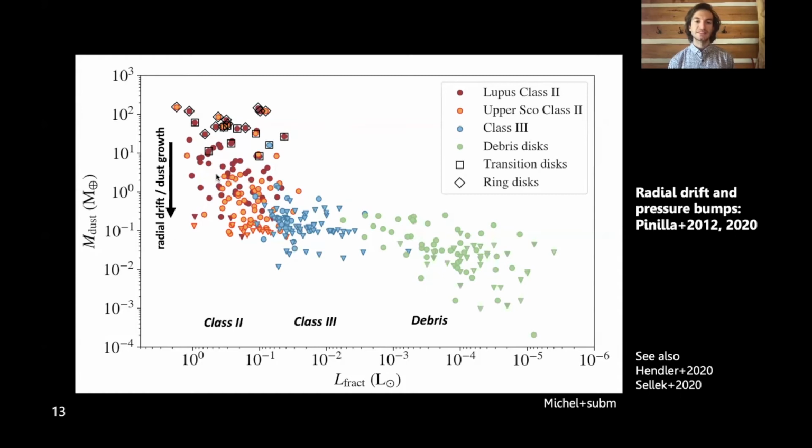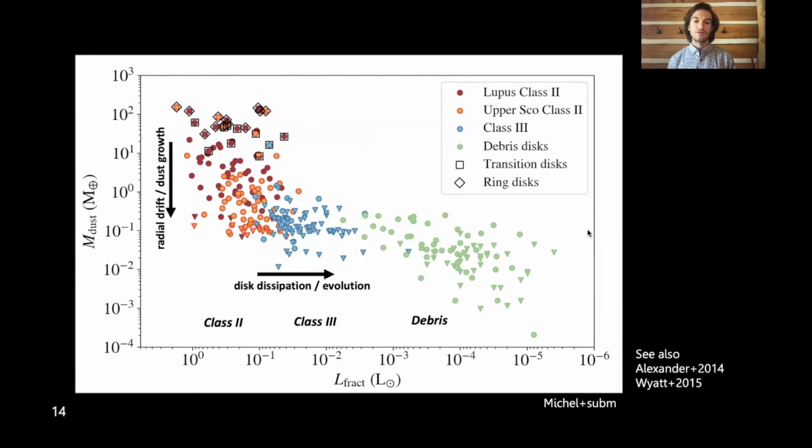However, the remaining disks within the class 2 phase, which we'll call radial drift dominated, do not have sufficiently large dust traps and cannot prevent the efficient radial drift from removing this millimeter dust, thus making it drop rapidly.